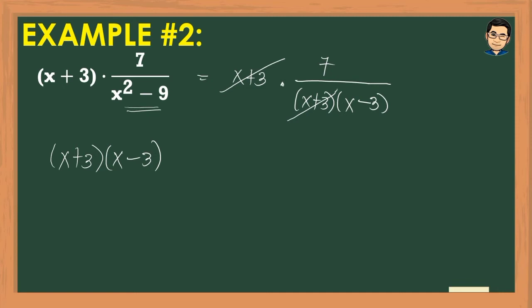So, kapag magkatapat po sila, parang numerator, parang denominator, hindi po natin pwedeng i-cancel. So, ang gagawin lang po natin doon is, i-multiply po natin siya, using FOIL method, kung binomial to binomial siya. And then, yung natira, i-write lang natin. That is 7 all over x minus 3. So this will be our final answer.